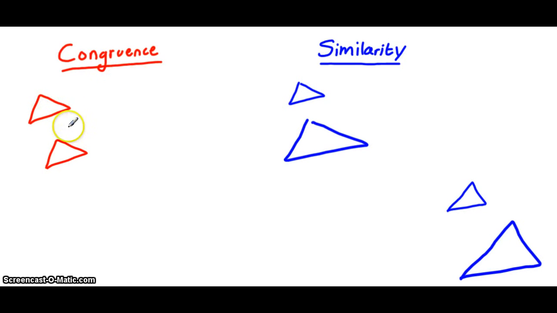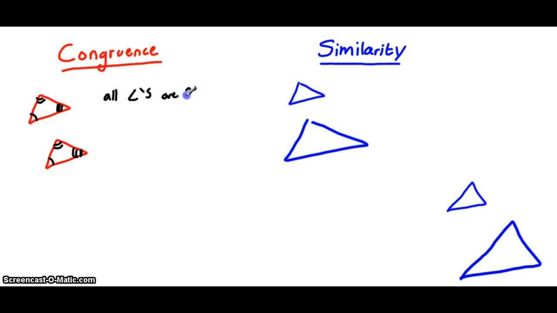Now remember, to show that two triangles, or any two figures for that matter, are congruent, we need to check two things. First, we need to check and ensure that the corresponding angles are congruent in both figures. And I'm showing that right here, these tick marks. So again, the first thing we need to show is that all the corresponding angles are congruent.